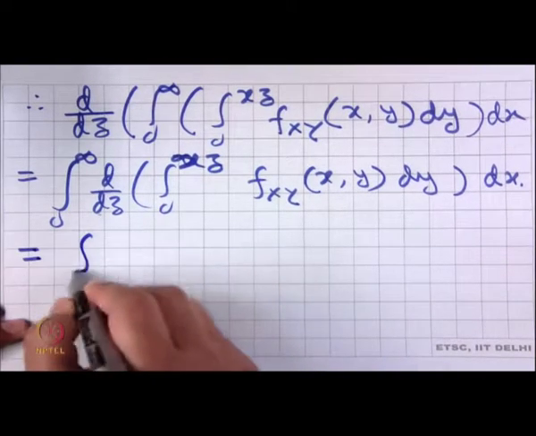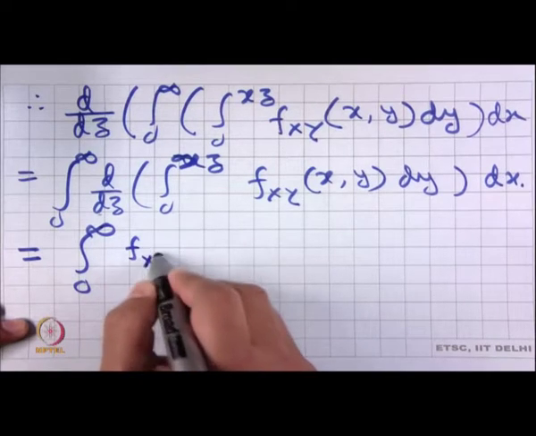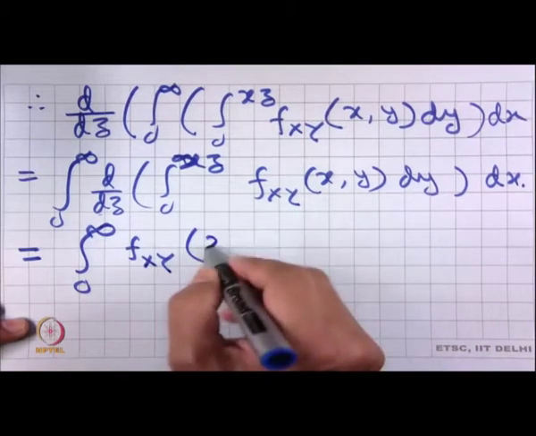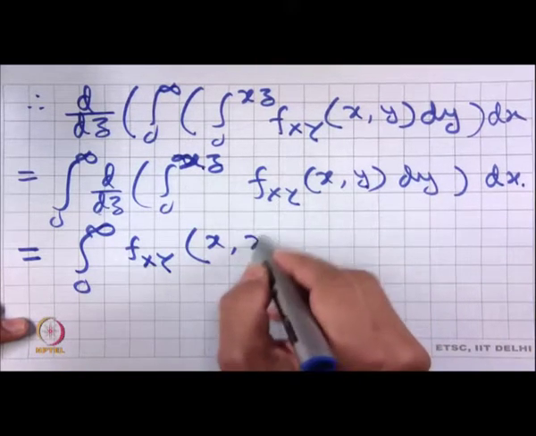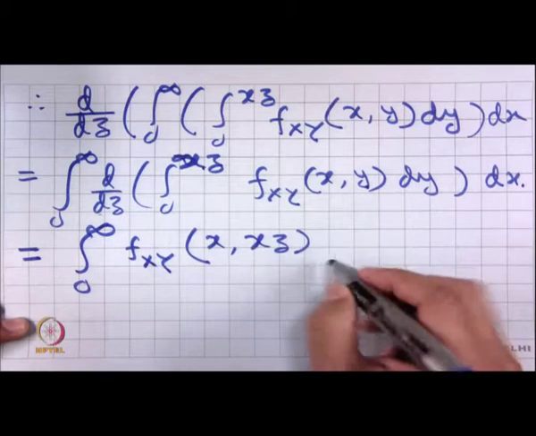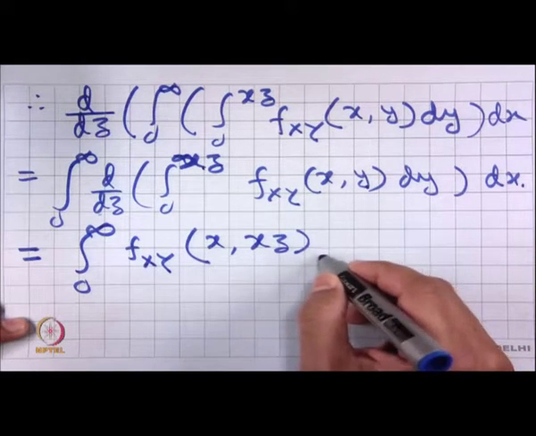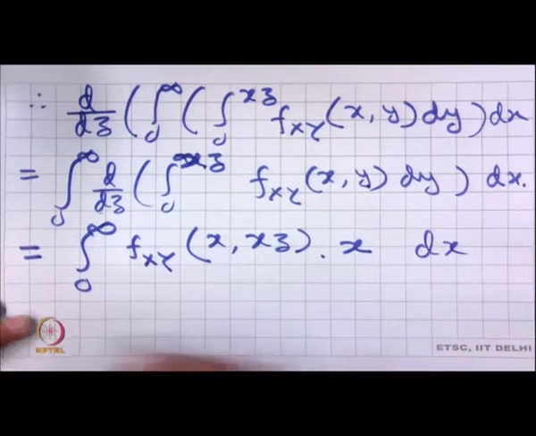This is equal to the integral 0 to infinity of f x y at x comma, now y is going to get this value x z. Now, we differentiate x z with respect to z, that gives us an x, dx.